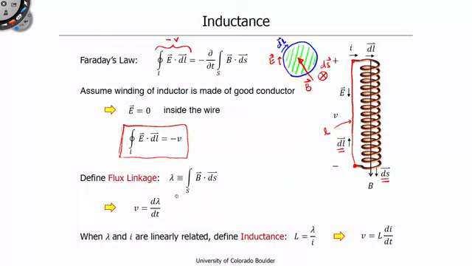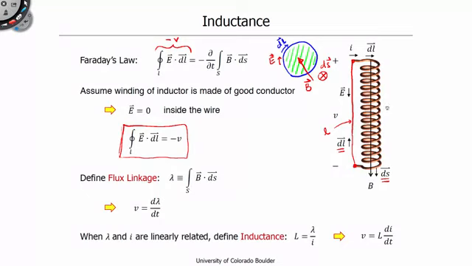Well, what does flux linkage physically mean? If we have a simple loop, just a single loop, then flux linkage is simply equal to the total flux passing through this loop. However, in a more complicated structure where we have multiple loops, such as the case of this coil, where the magnetic flux crosses the surface bounded by that loop multiple times, we have to be more careful in determining flux linkage.